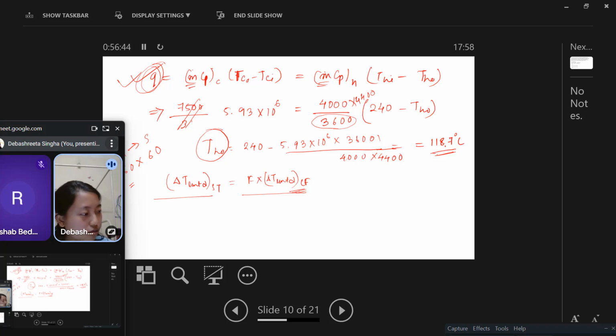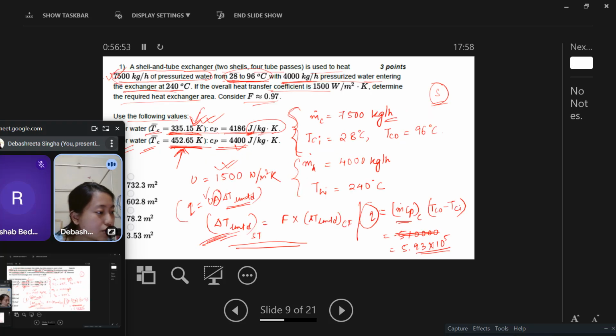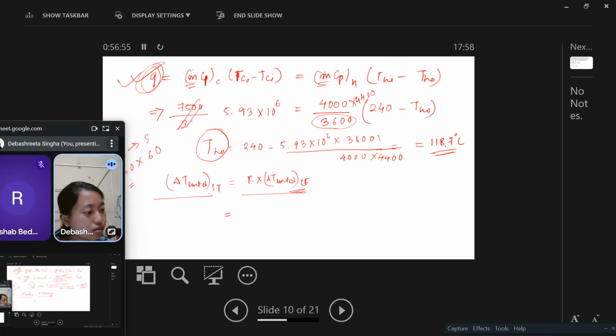So we can consider these outlet and inlet temperatures for counterflow also. F is given as the correction factor 0.97, into delta T1 minus delta T2 divided by ln delta T1 divided by delta T2.